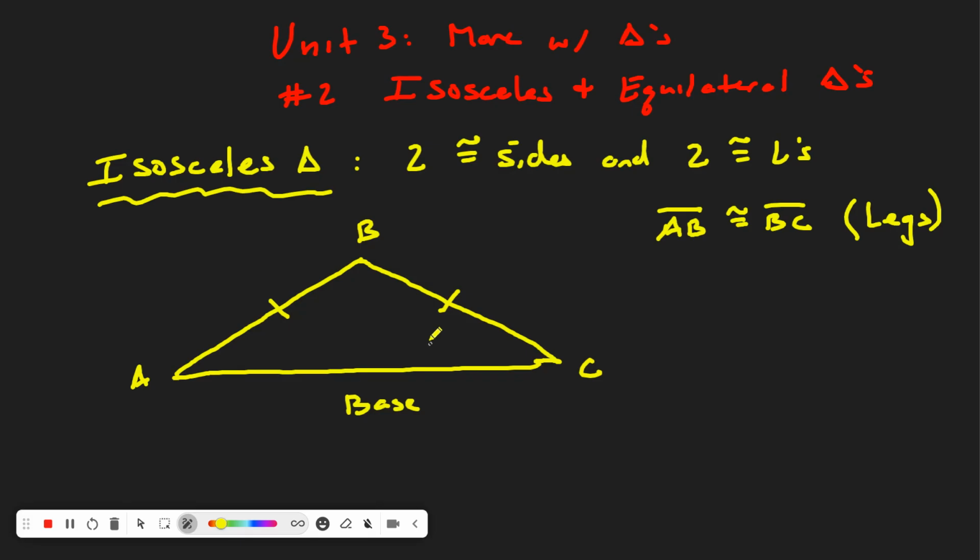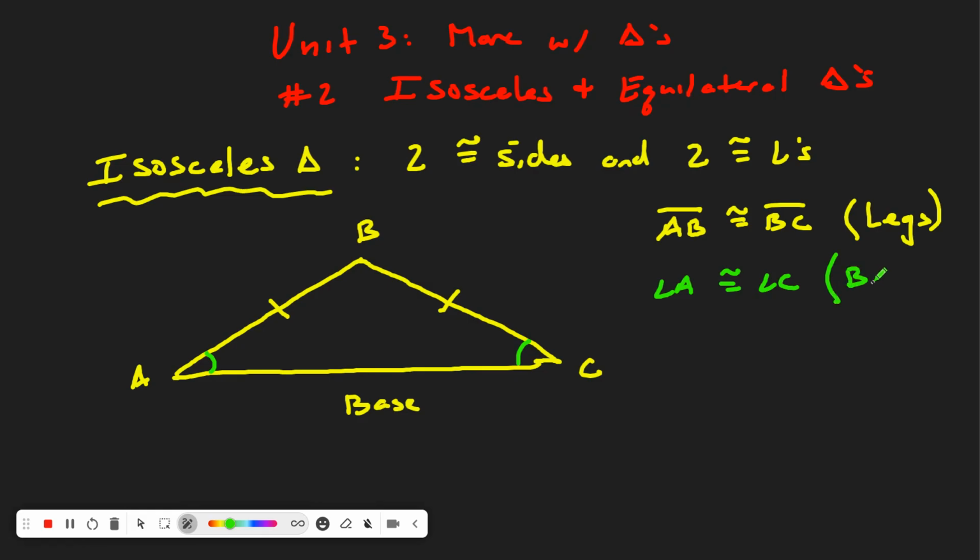Now, the angles that are congruent are the angles down here on the base. So this angle at A and this angle at C are congruent. So angle A is congruent to angle C. Those are called the base angles.